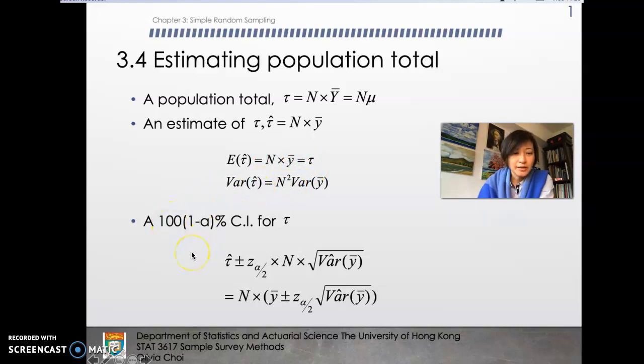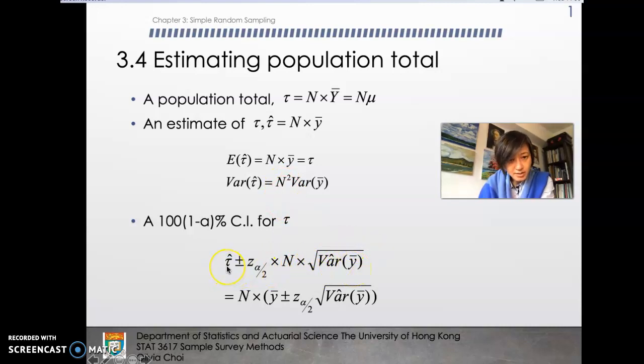Okay, so the confidence interval would be tau hat plus or minus the critical value multiplied by the square root of the variance of tau hat. The square root of the variance of tau hat, we can take the N out, and then we have the square root of the variance of y bar.